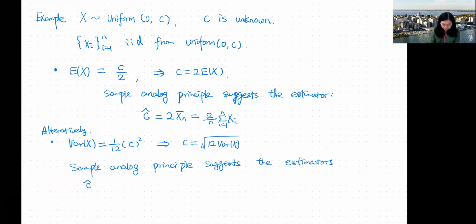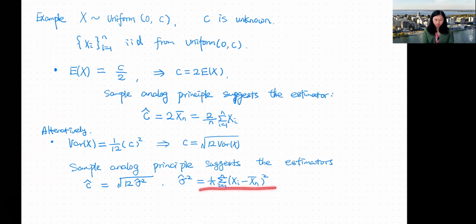C hat equals square root of 12 sigma hat squared, where sigma hat squared is 1 over n sum of (X_i minus X_n bar) squared. So this is a sample variance estimator, a sample average. This is one form of the sample variance that can be used as an estimator for this population variance.